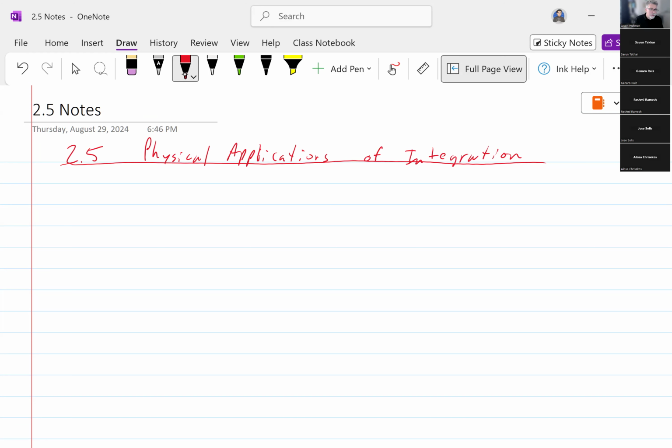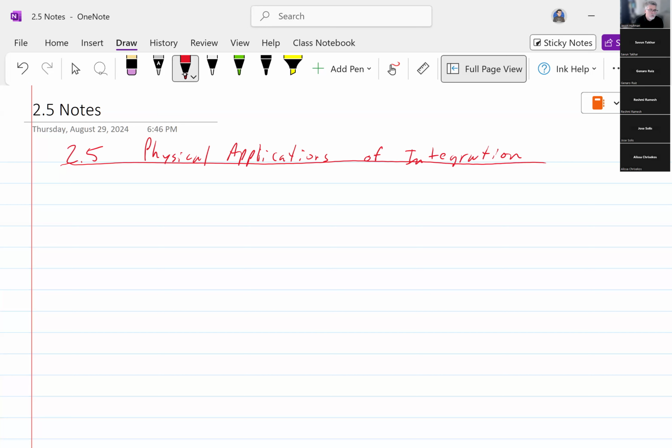This is just a smattering of certain applications, some basic ones that we're going to cover. But this is in no way, shape, or form going to cover all of the physical applications of integration.